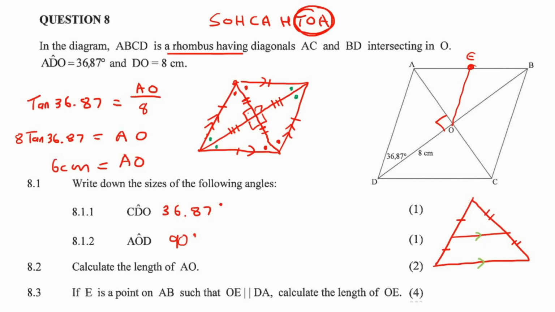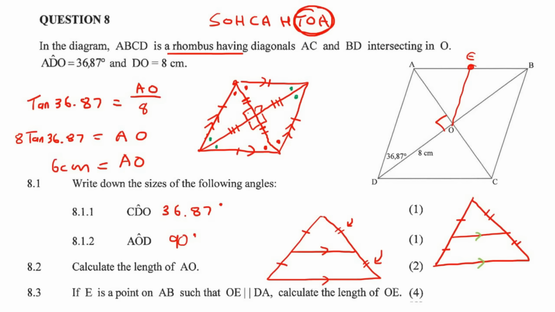That's the one scenario. In the second scenario, they will tell you that these lines are parallel, and then they'll give you one of these, and then what you can go and say is that this side must be the same as this side.